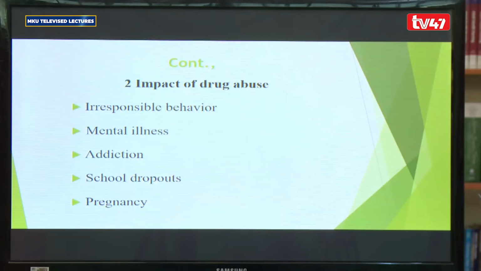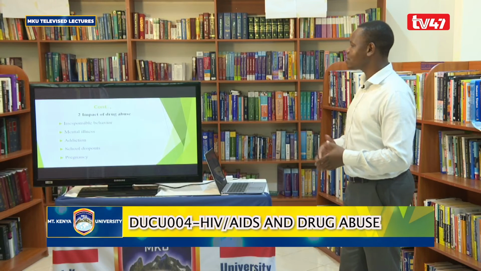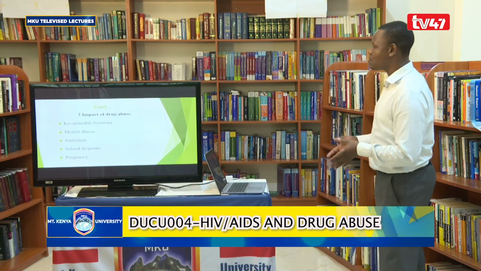The other one is mental illness. Another one is addiction, because once you take the drug, you want to continue using it and then become addicted. There's also a high chance of school dropout, because the person will lack focus, so they will not be able to go to school.